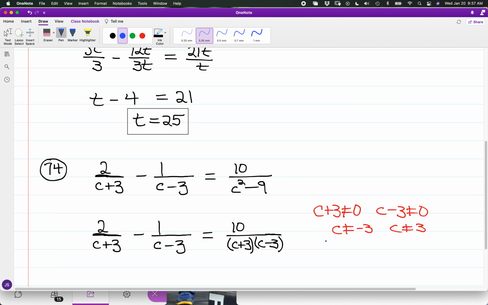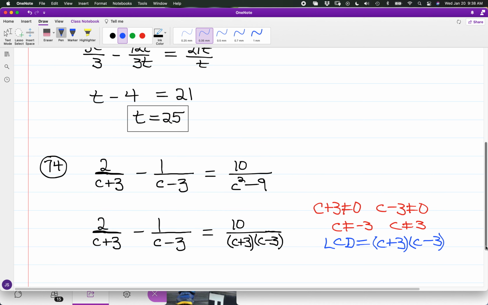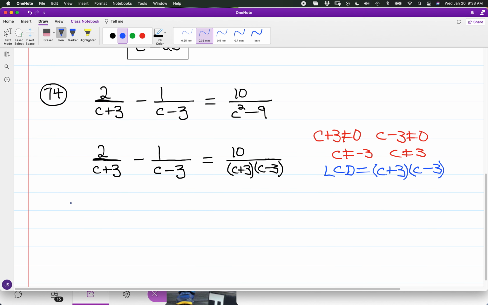And for the least common denominator, again, that's going to be c squared minus 9, or in its factored form, the quantity of c plus 3 times that of c minus 3. Okay, and so we take the least common denominator and just cancel out the denominators.